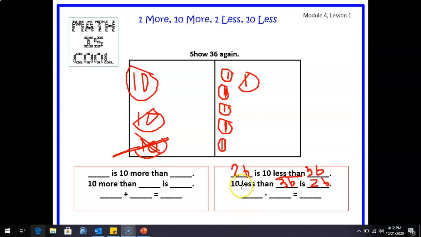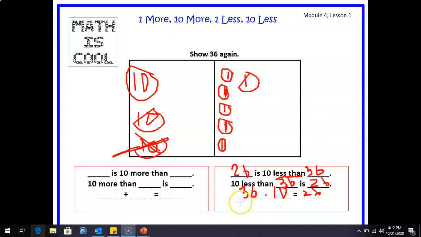Now remember, boys and girls, when you subtract, you always start with the big number. And I say 36 minus 10 is 26.